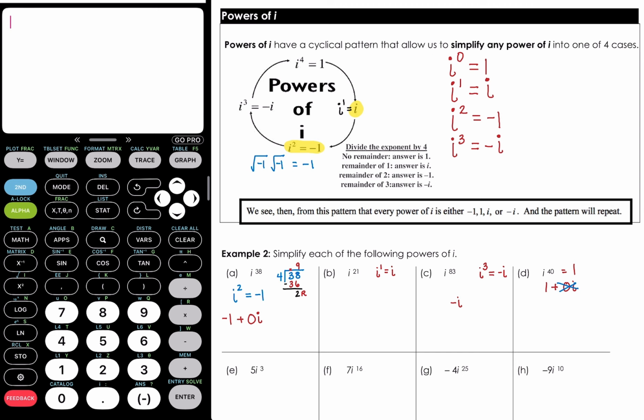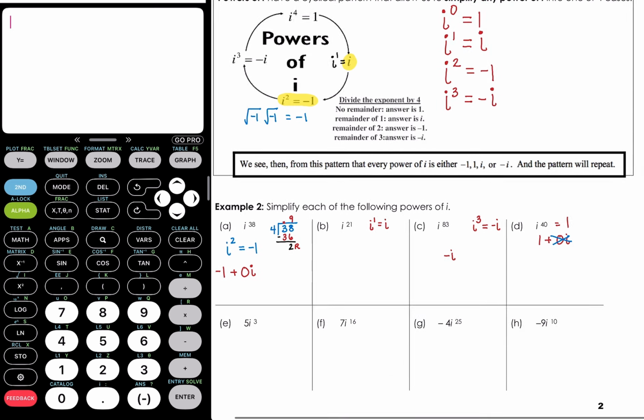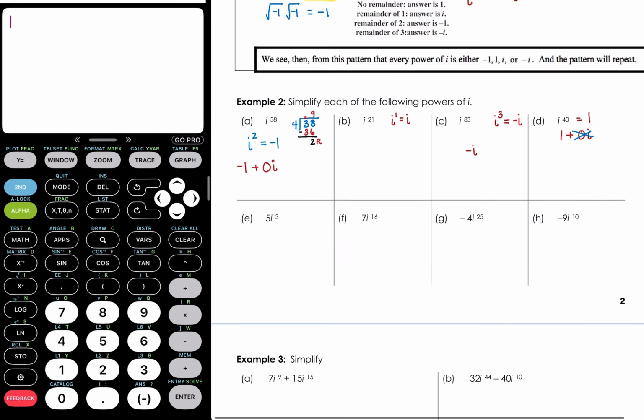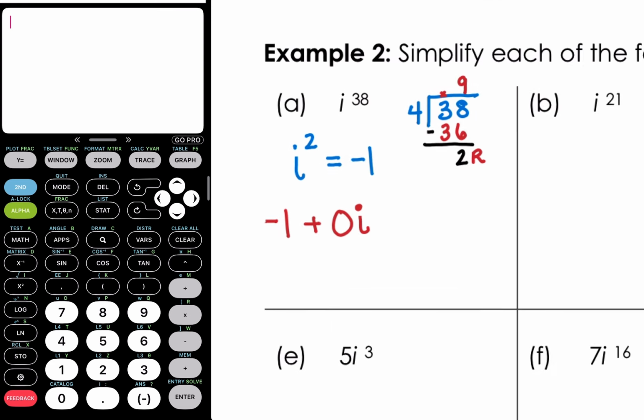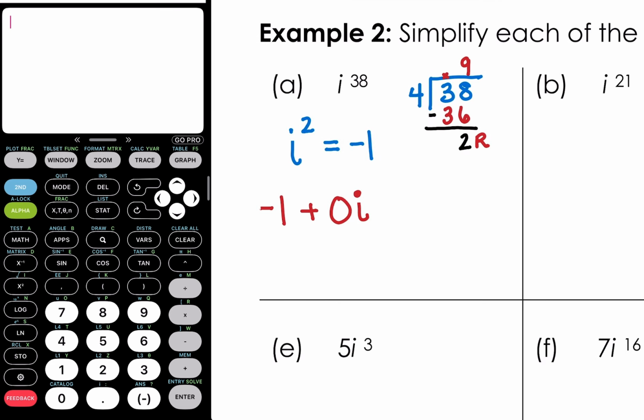So any case, any I raised to any power is going to give us one of these answers: 1, I, -1, or -I. So on page 2, we did example 2A through D in class. And I showed you guys that, for example, in A, we could do this by doing long division.